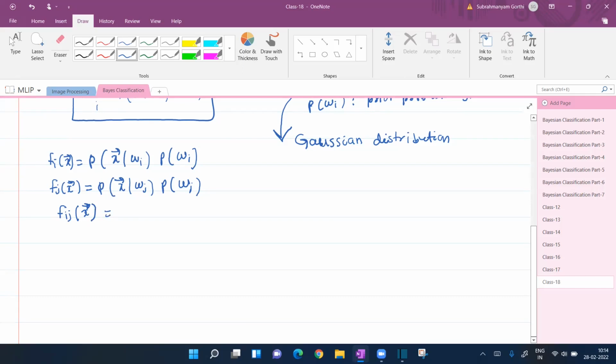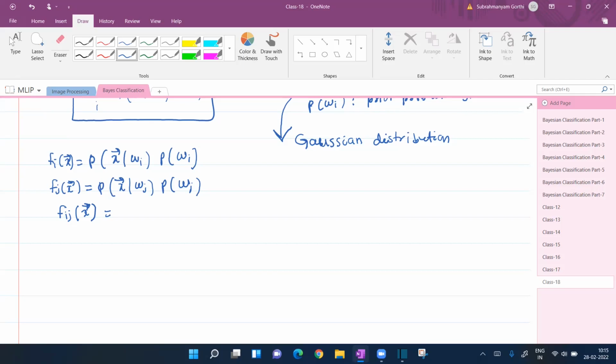How do I get that? We discussed this in the previous class, but I would like to hear it from you. I give you these two. How do you compute the decision line in between the ith class and jth class? Or if you want me to rephrase my question, what would be the values of fi of x bar and fj of x bar at the decision plane?